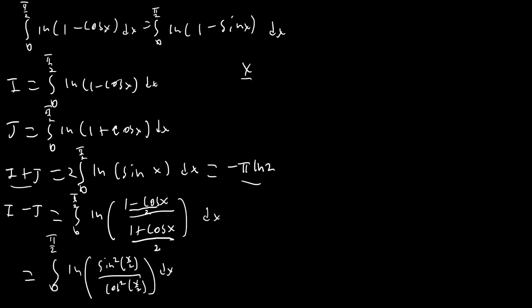Obviously, x over 2 is going to be u, and that means that du is going to be dx over 2. So we're just going to end up with 4 times the integral from 0 to pi over 2, because we brought this 2 out from this squared bit, of natural log of tangent x dx.